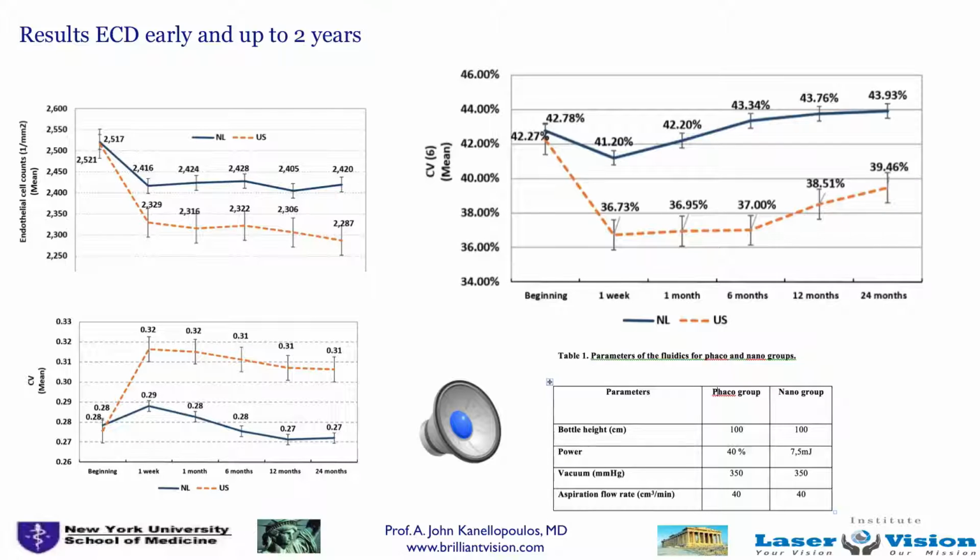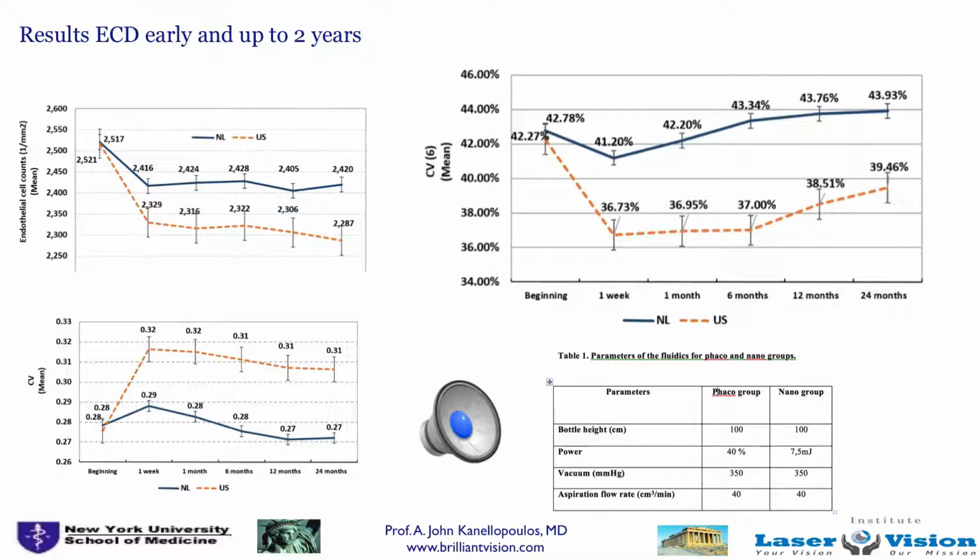On the graph under that is the variation of the cell size, which is less in the nanosecond laser graph, which is again the solid blue line, and the dotted orange line is the phaco group, and on the top right is the graph showing the hexagonal cells present from early post-op up to 2 years.